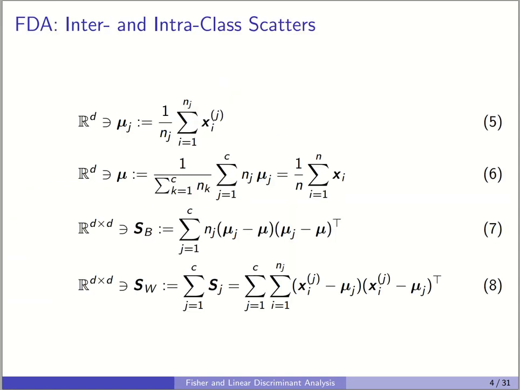In Fisher discriminant analysis, we have inter-class scatters and intra-class scatters. The scatter is kind of another name for variance. Let me tell you why. Who was Fisher?